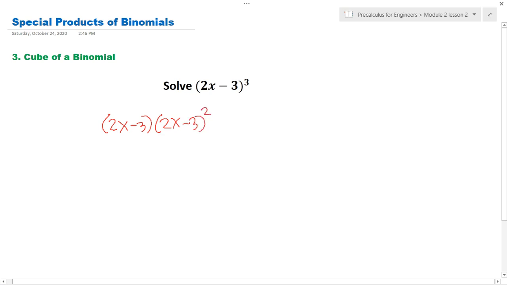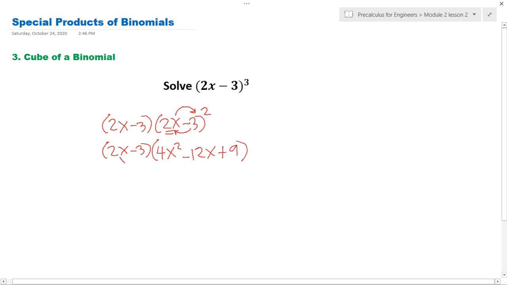So using the square of a binomial, you have 2x minus 3 times the square of this, we have 4x squared. Then negative 3 times 2x, you have negative 6x times the exponent 2, so you have negative 12x. Then the square of negative 3 is positive 9, so plus 9.